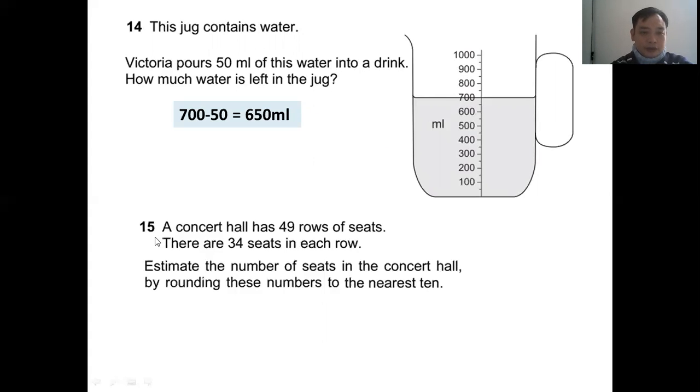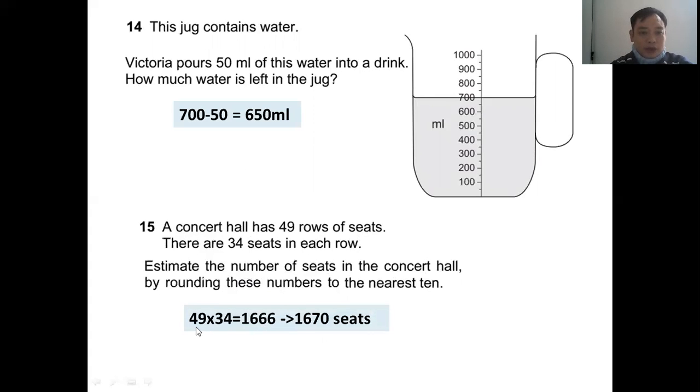Question 15. A concert hall has 49 rows of seats. There are 34 seats in each row. Estimate the number of seats in the concert hall by rounding these numbers to the nearest 10. Okay, so first we have to find the number of seats in the concert hall.